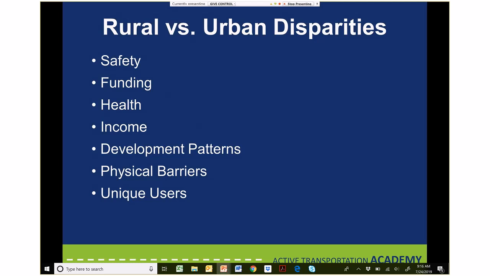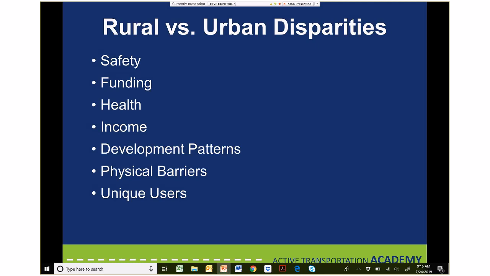We'll also take a look at development patterns, which are really the defining aspect of what makes a rural community. And so understanding that accessibility to active transportation infrastructure and even people wanting to use active transportation infrastructure really does play into how the development is patterned in their community.